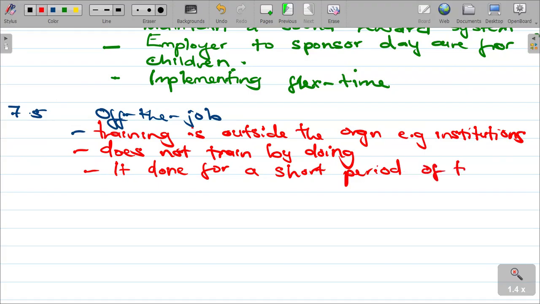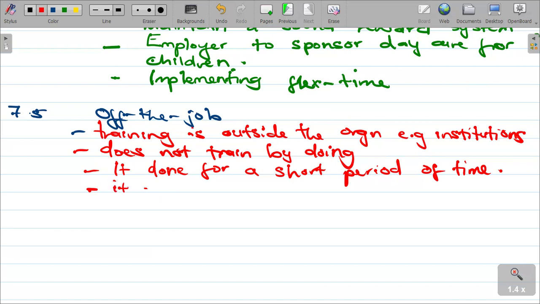And also, off-job training aims to change the interpersonal skills and attitudes of the workers.